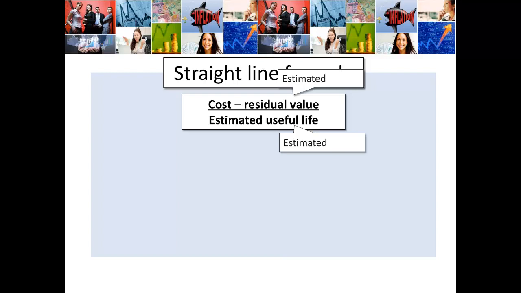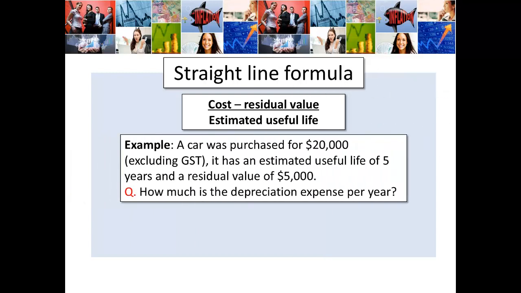So the accountant is going to make a guess at how much that asset's going to be worth, and how long the business will be using it for. So for example, a car is purchased for $20,000 excluding GST.